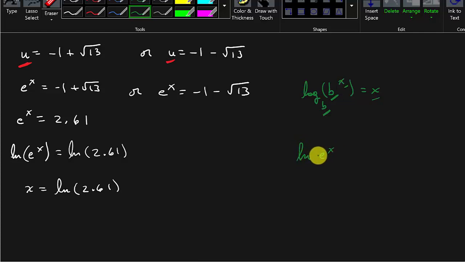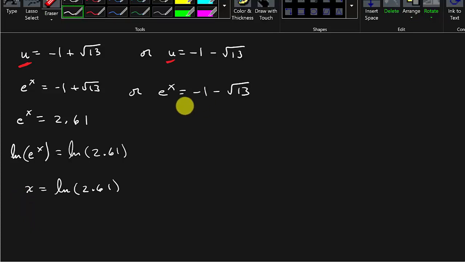Natural log e to the x. Remember, natural log is the same thing as log base e. So the base of the log, the base of the exponent are the same, so your answer is your exponent x.